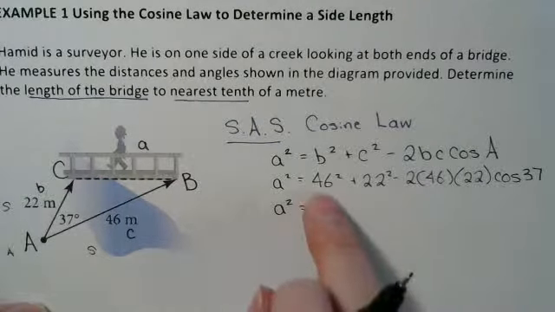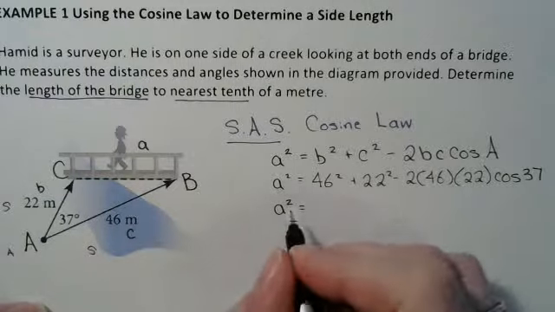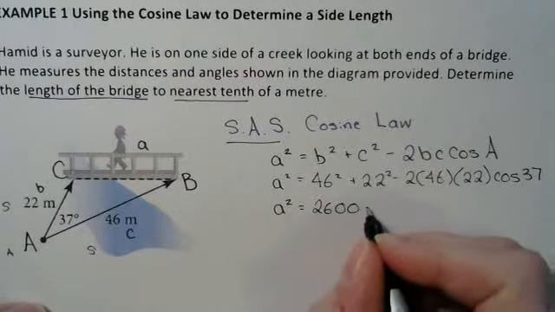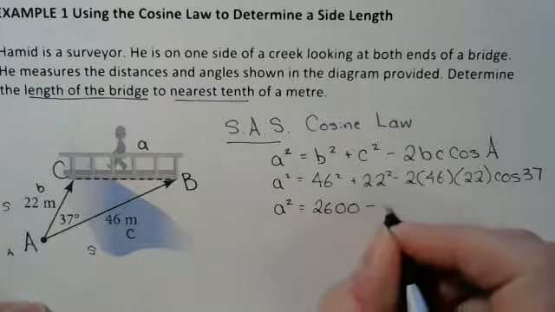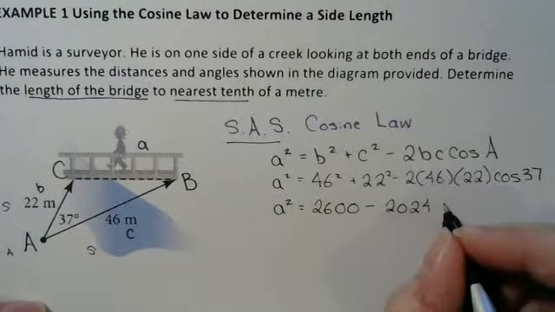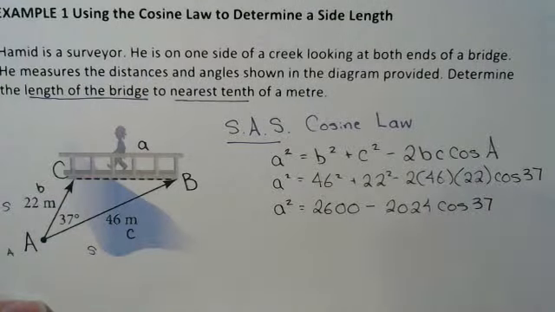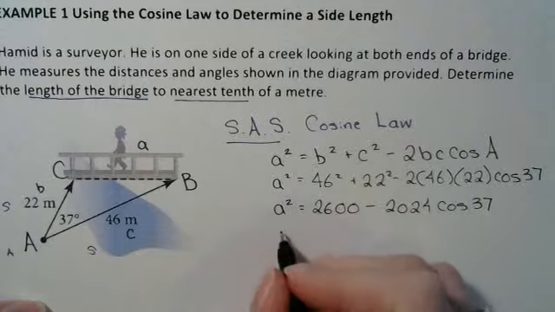So I calculated 46 squared plus 22 squared is 2600. And then I calculated 2 times 46 times 22, which is 2024. And then I left the cos 37. Okay. So now I can calculate all that relatively easily.